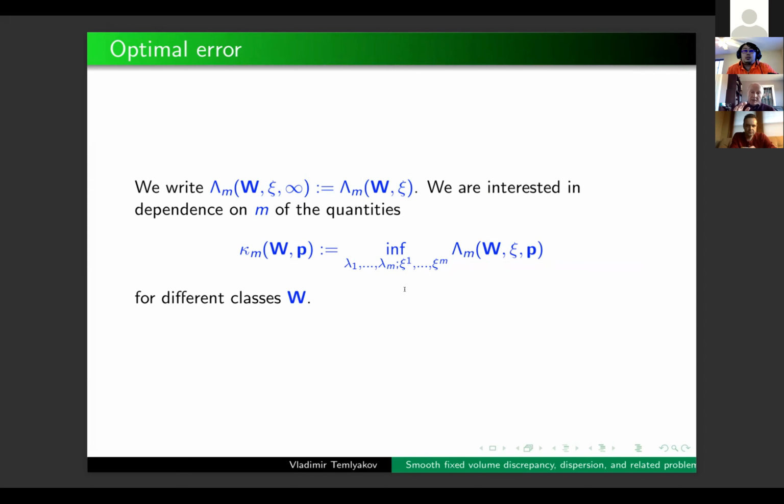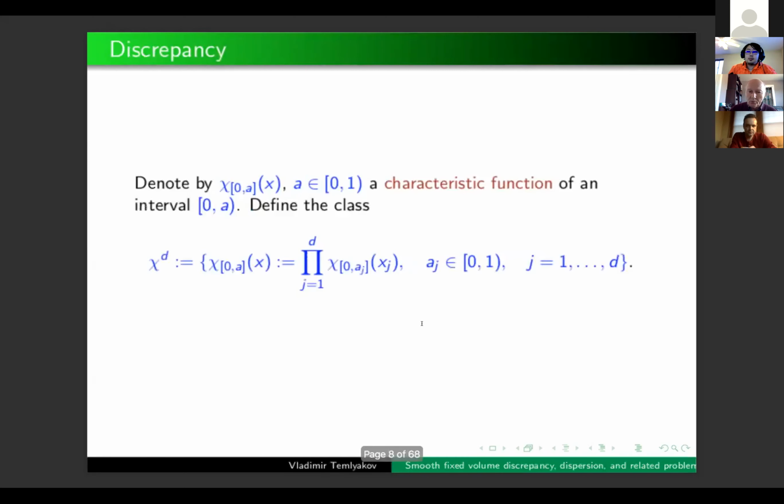I should say right here that even if you can estimate these quantities, the problem of finding points which provide optimal, or almost optimal, or optimal in the sense of order, is, especially in the multivariate case, a really tough problem. With weights it is kind of easier, but as to points, this is a really difficult problem.